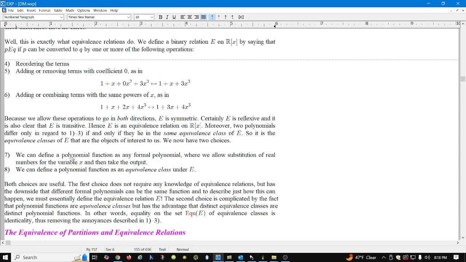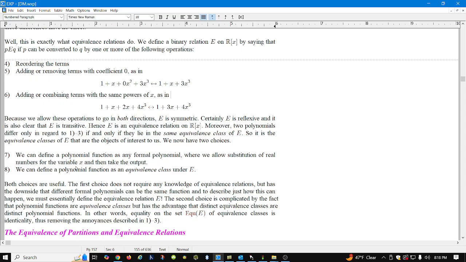We can simply define a polynomial function as any formal polynomial, adding the caveat that two different formal polynomials may be the same polynomial function. Or we can define a polynomial function as an equivalence class under this equivalence relation. And both choices are useful.